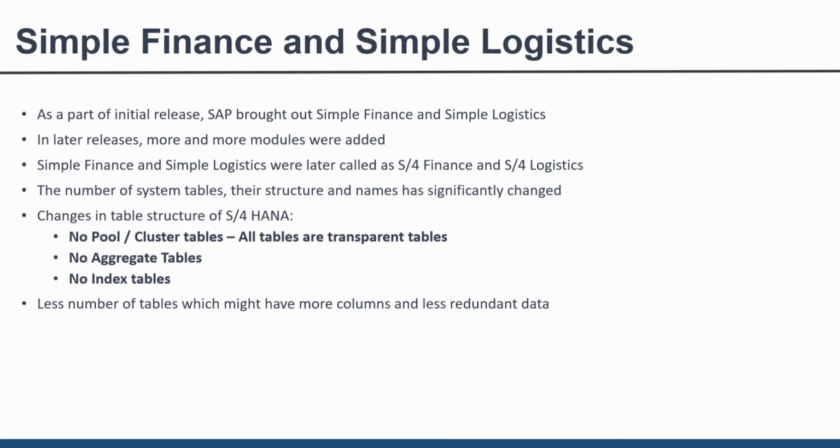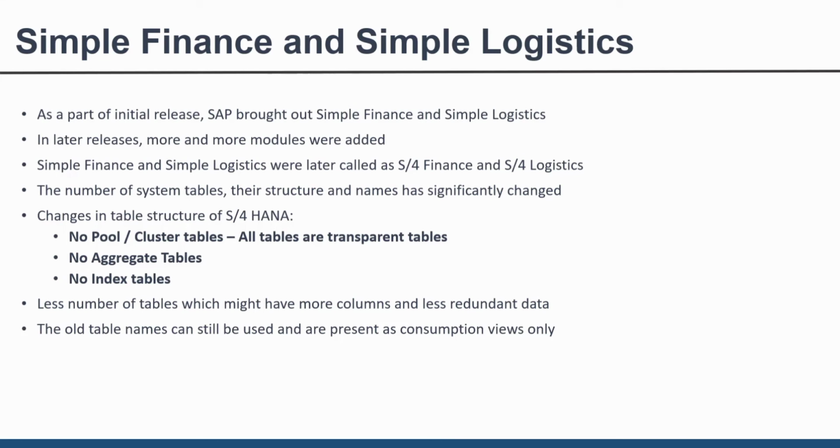Same logic is applied for logistics, that means for SD and MM modules also. So the table structure is now simplified for SD and MM modules also, which was called simple logistics. The same concept is now called S4 logistics. So the old table names are also completely changed.